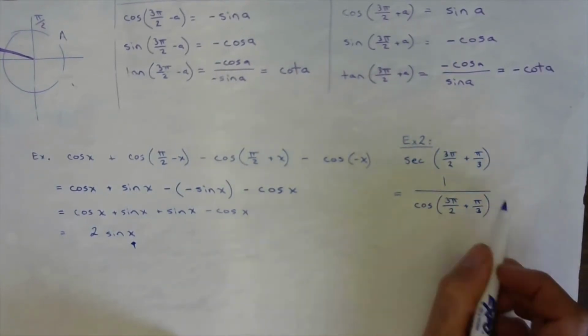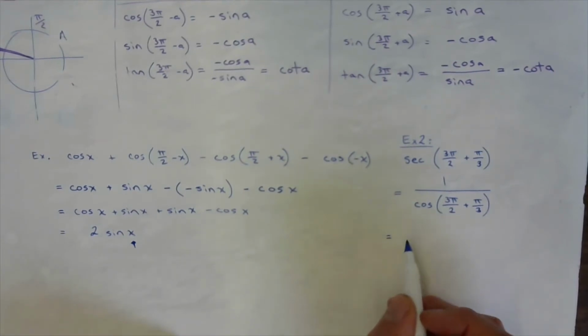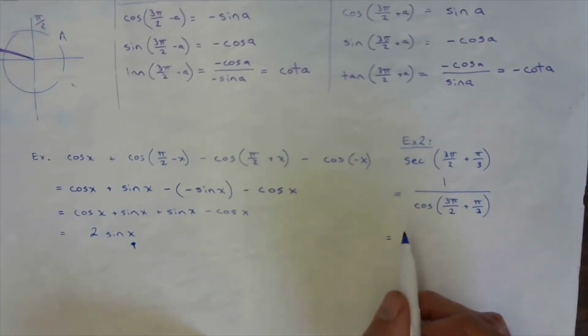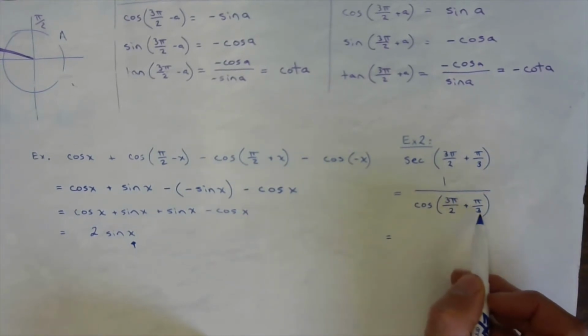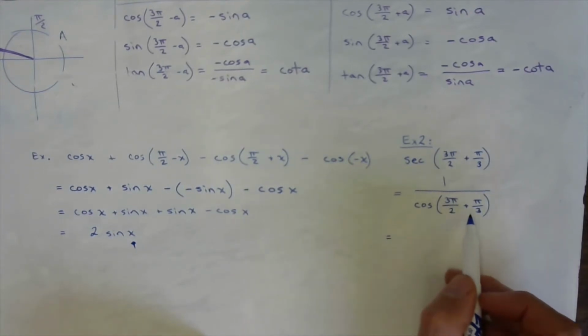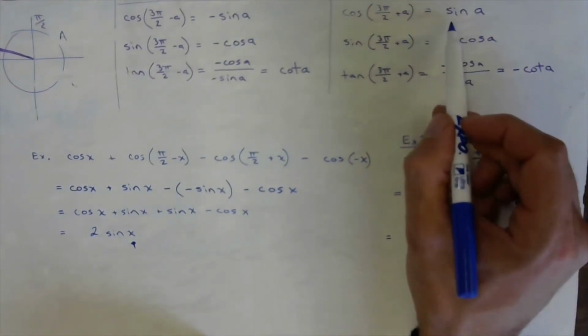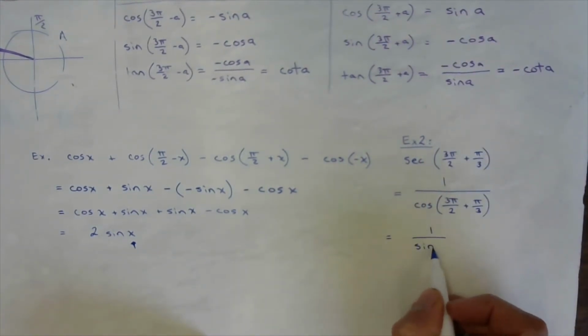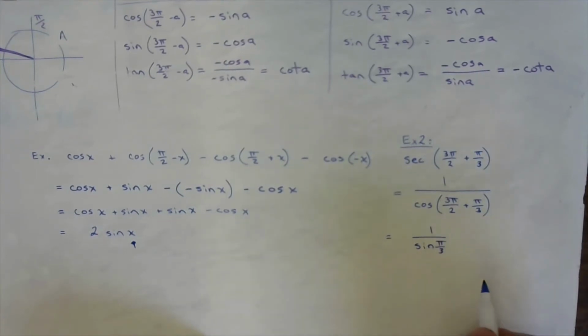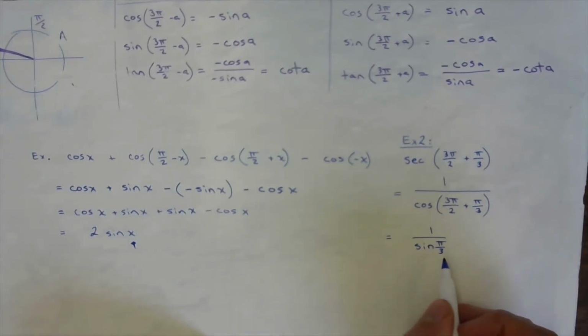It looks a little messy, but we're going to get there and we're going to get back to the secondary trigonometric ratio also. Now, from our notes, we know that this is a 3 pi over 2 plus A situation, and we know that A is pi over 3. So the cosine of 3 pi over 2 plus A is the same as the sine of A. So this denominator reduces to the sine of pi over 3. The sine of pi over 3 is a special angle in your unit circle.